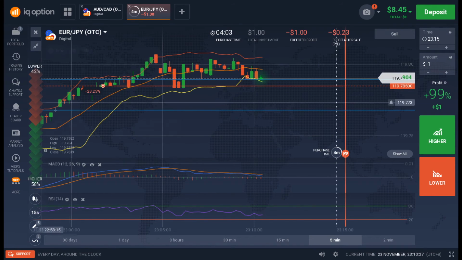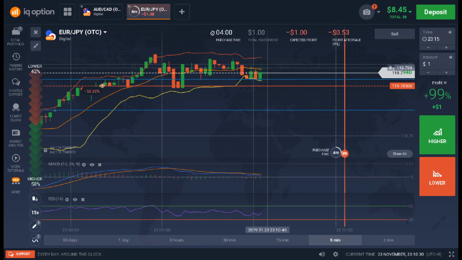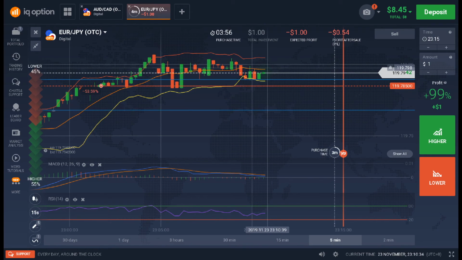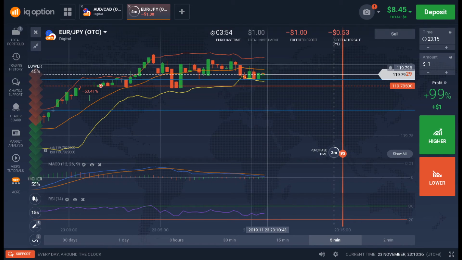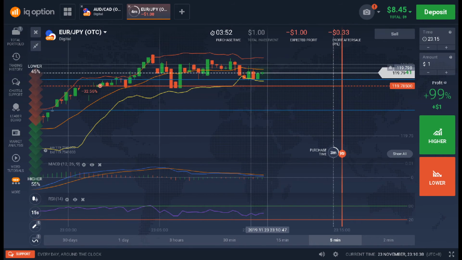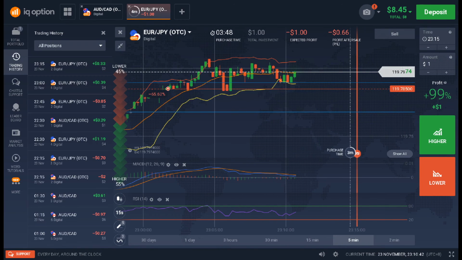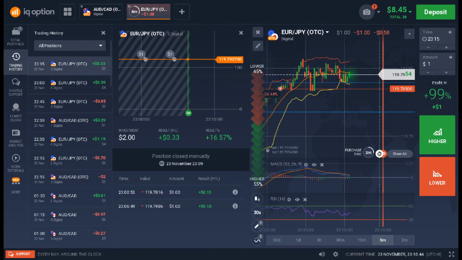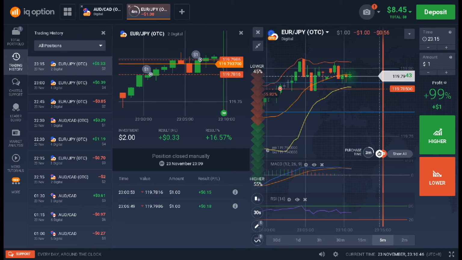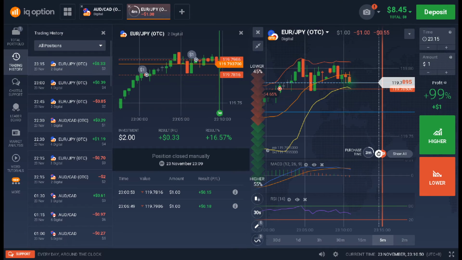Overall, I feel that the formation of your Bollinger Band is heading towards a downward movement, but we have just exited one trade, and that gave us how much? How much was this? 18%. Yeah. So these are our trades.